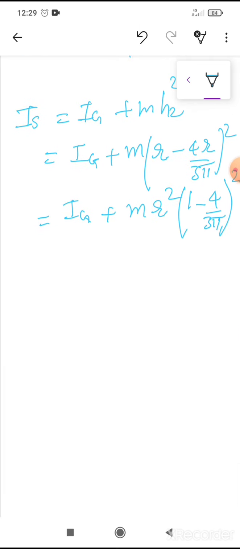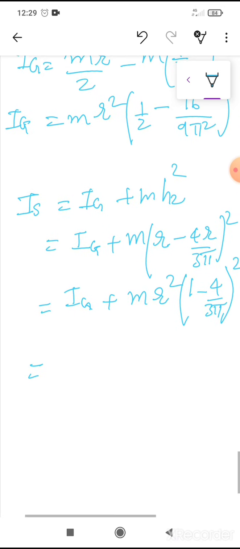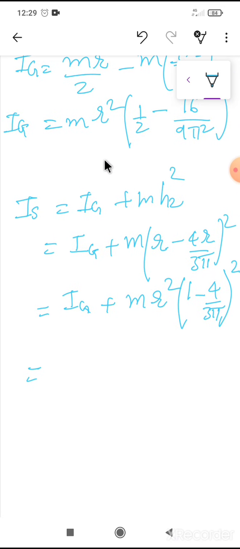Let's move ahead. Here we can keep the value of IG, which is mr square times this. I can take mr square common from both sides.